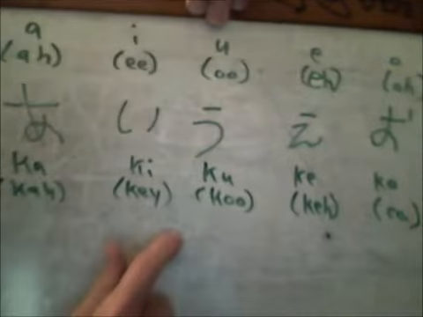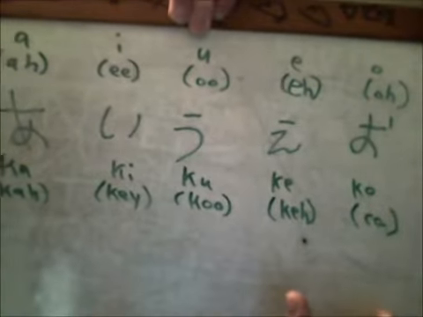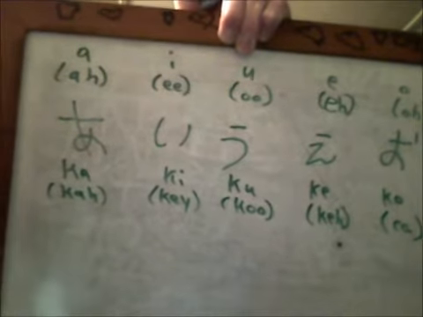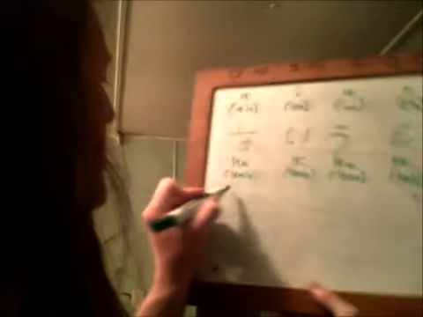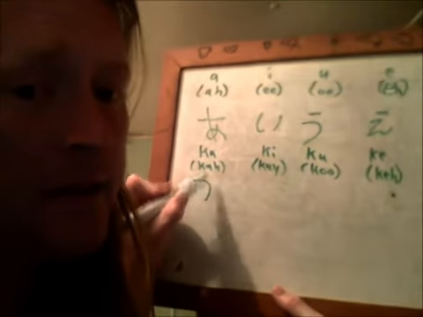Okay. Ka, ki, ku, ke, and ko. Now you notice they're all pronounced with the same k before each one. Not all the kana are like that. Just certain ones. Now, I'm going to draw it all out for you like this.